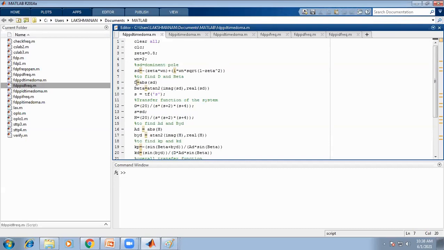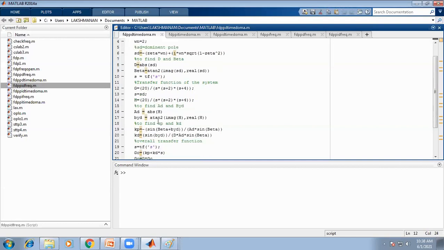Now with D and beta, I'm going to introduce my system. Here I'm going to design a PD controller. The system I am going to introduce is 20 divided by S into (S plus 2) into (S plus 4). Now I'm replacing S equal to SD. After substituting S equal to SD, I will get AD and PID.